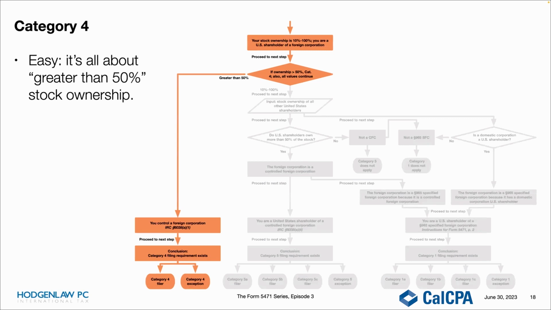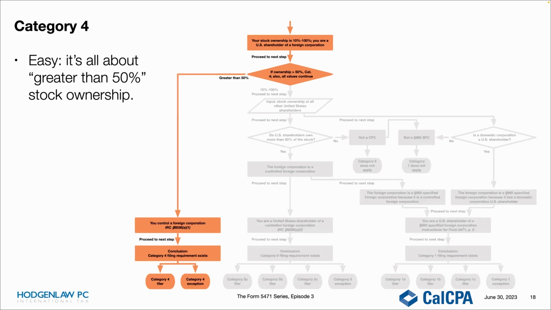You take the orange arrow to the left, you say 30% is less than 50%. Therefore, I'm not going to follow that little path, but I'm going to go straight down because straight down tells me to proceed to the next step, because I also have to figure out if I'm a category 1 and category 5 filer. So that's how it's going to take care of itself.